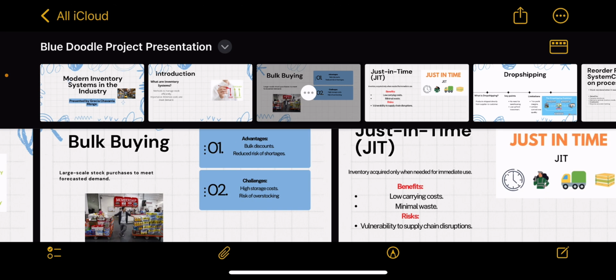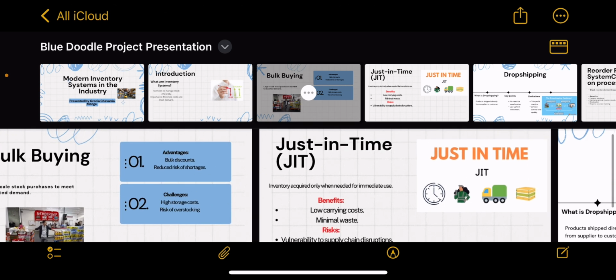The second one is just in time. Just in time is inventory acquired only when needed for immediate use. This is pretty different from just in case. I don't know, guys, if you have heard about just in case. Just in case is to have something like a backup, but just in time is totally different, because you only have what is necessary, and you don't want extra inventory.